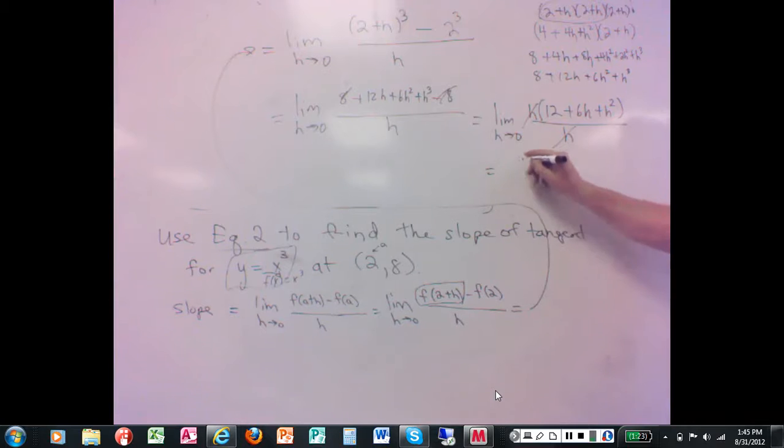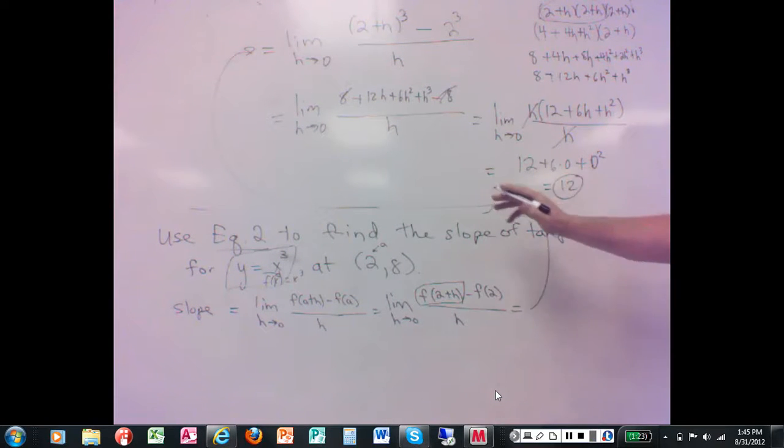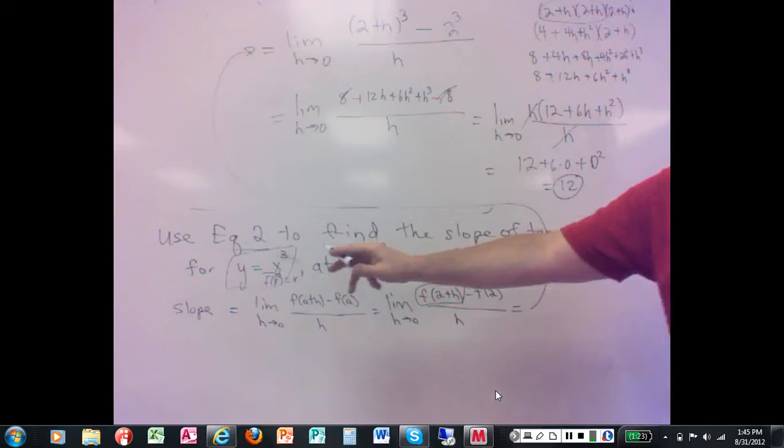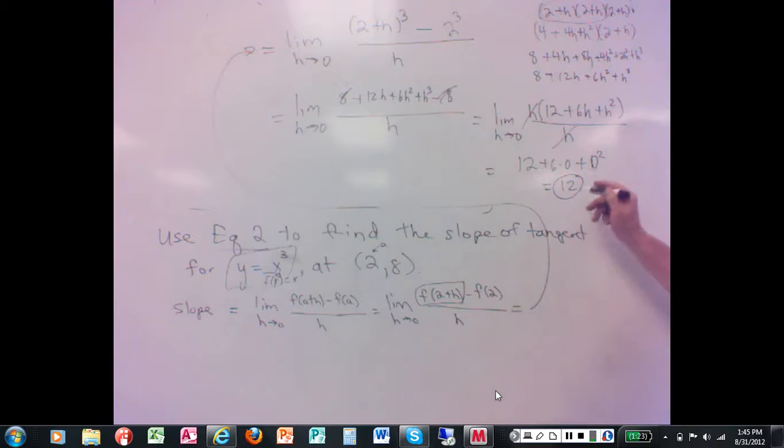So the limit here will be 12 plus 6 times 0 plus 0 squared, right? Because h is going to 0. I get 12. And what I find, that's the slope of the tangent line at 2, 8. Slope of the tangent line at 2, 8.